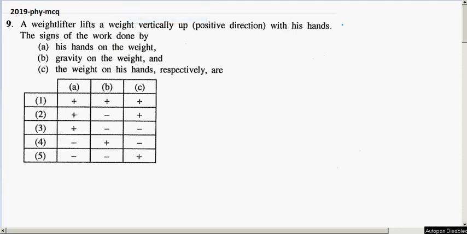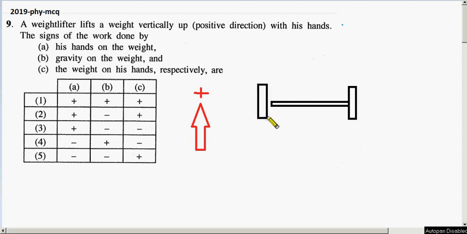So let us mark the direction that they have given as positive. Upwards they have given as positive. So the weight looks like this. I just draw a diagram so you can understand easily.